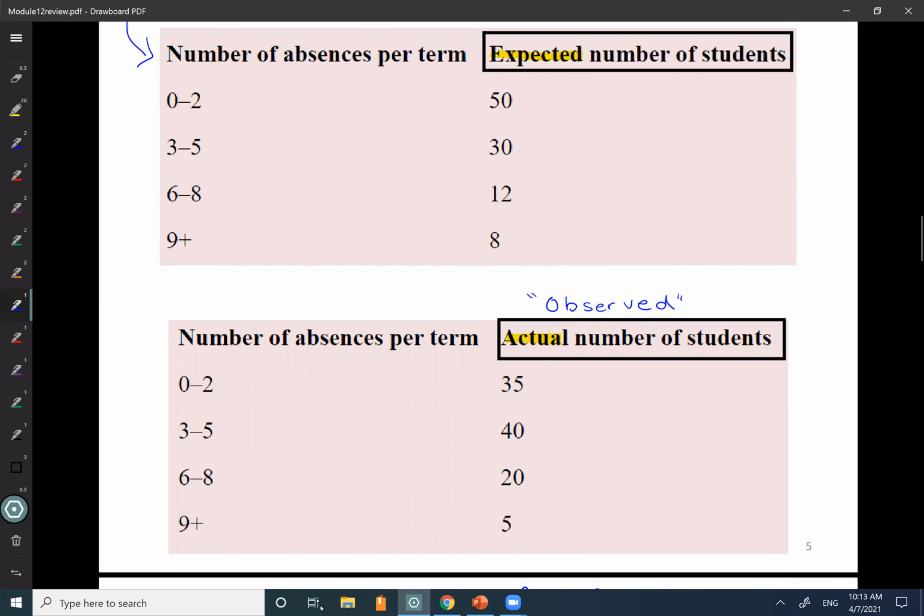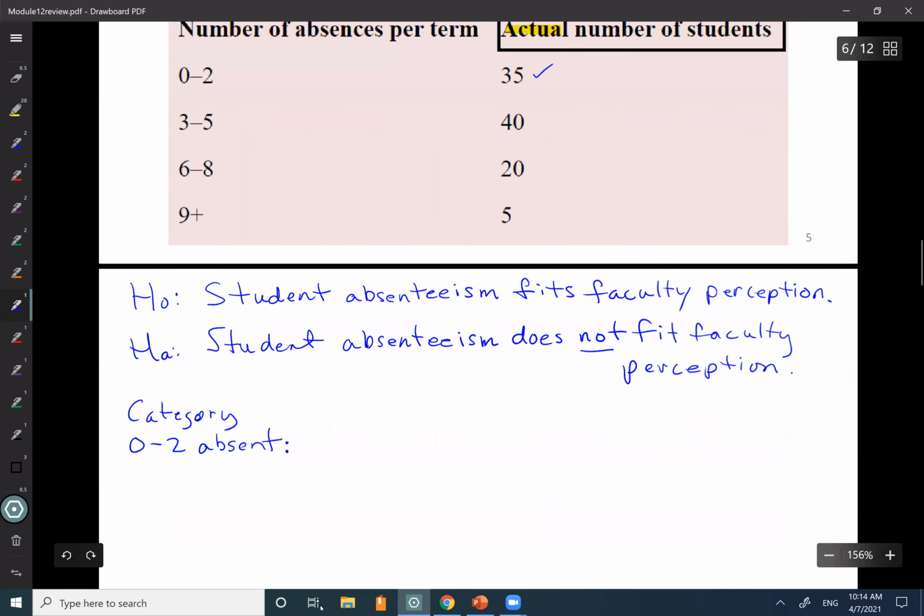So for the first category, we want 35. That would be the observed. The expected would be 50. So we're just going to see what that contribution is. 35 subtract 50 squared. And then you always put in the expected in the denominator. So the contribution for that category, 0 to 2 days absent, is 4.5.